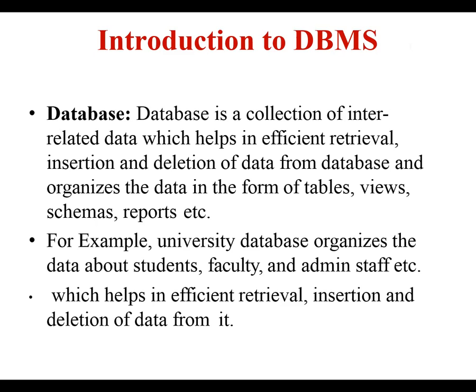In faculty, similarly, we can store interrelated data like faculty name, faculty department, faculty special subject. That type of data we can store in the faculty database. That type of structured representation of your data is called the DBMS, which helps in efficient retrieval, insertion and deletion of data.